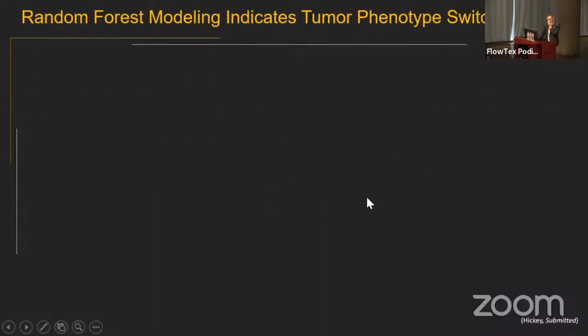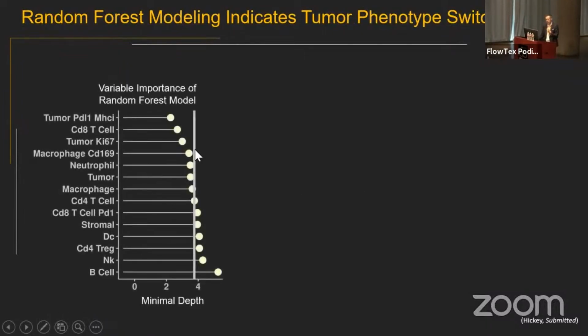A lot of the data aside, what this showed, if we did random forest modeling to show which cell types were most important in separating these different samples, was, interestingly enough, two tumor populations and CD8 T cells. CD8 T cells you might expect.